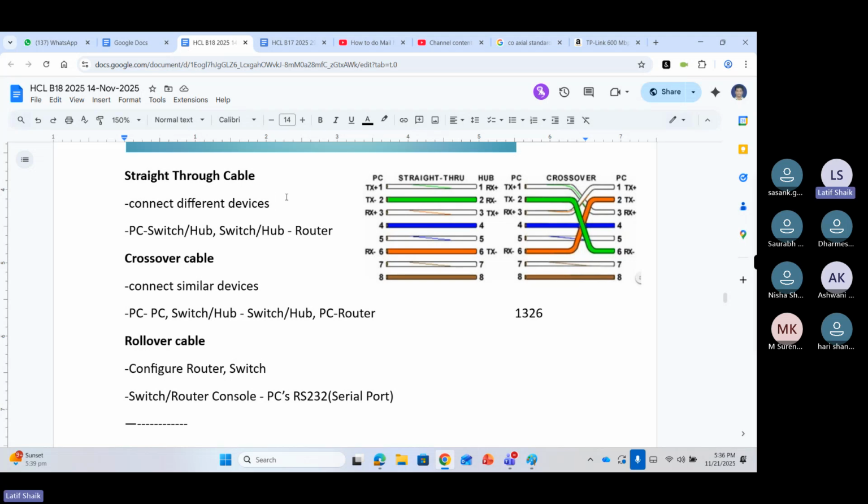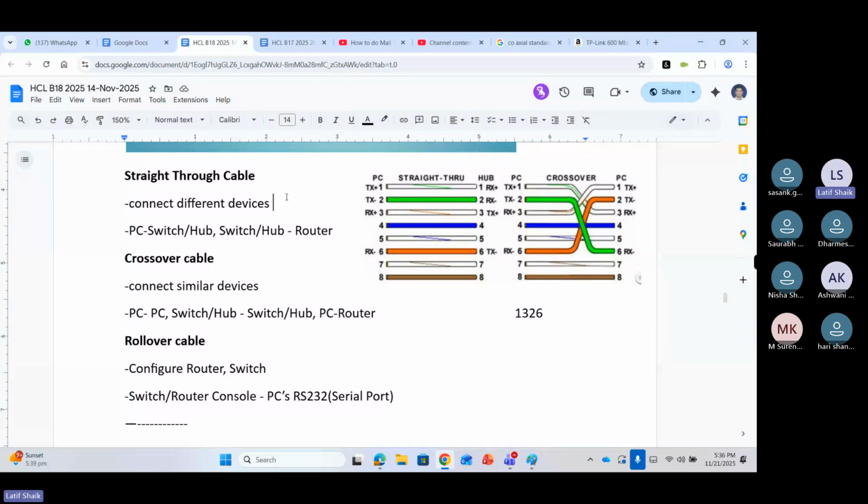First pin has the same color on both ends, and it is the same for all the pins: first and first, second and second, third and third, 4, 5, 5, 6, 6, 7, 7, 8, 8. So this is called a straight cable.